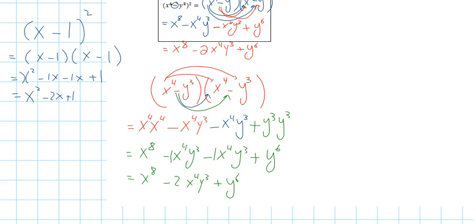These are two of the same term, like terms. It's like when you had 2x plus 5x, you added the coefficients, 7x. Same here.